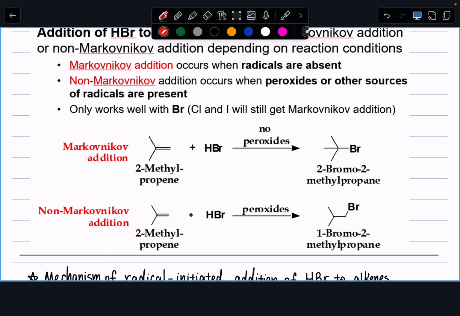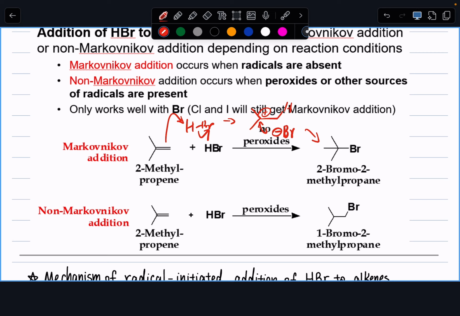The double bond attacks the hydrogen, breaking the HBr bond to form a tertiary carbocation. Then Br minus comes in and forms the bond to give my product with the Markovnikov selectivity, where your hydrogen adds onto the carbon with more hydrogens on it. That's a review. That's something you discovered before.